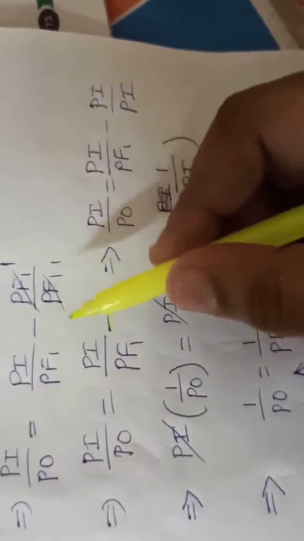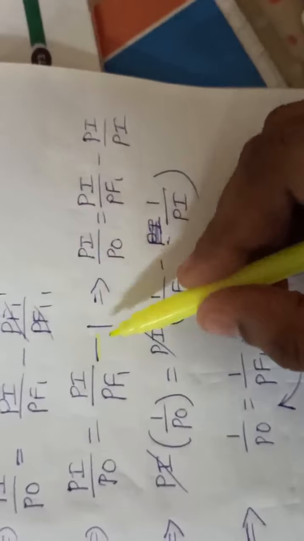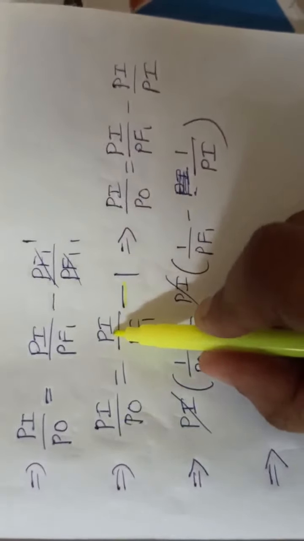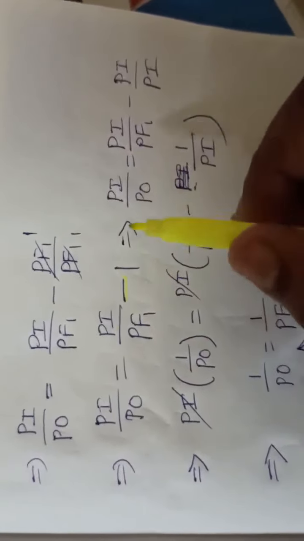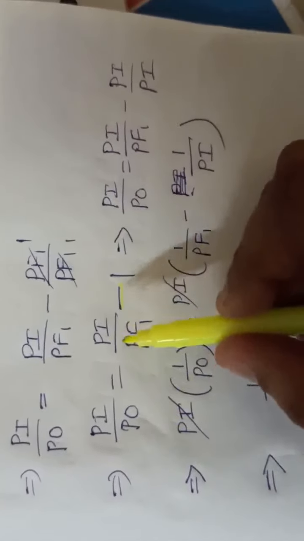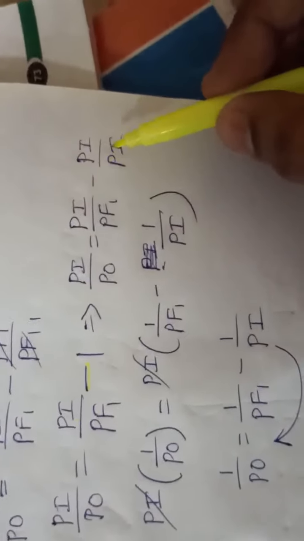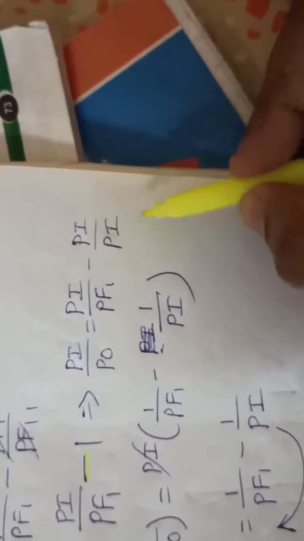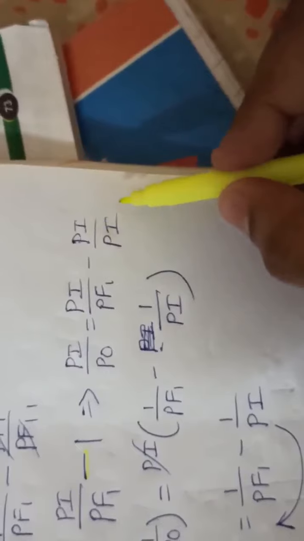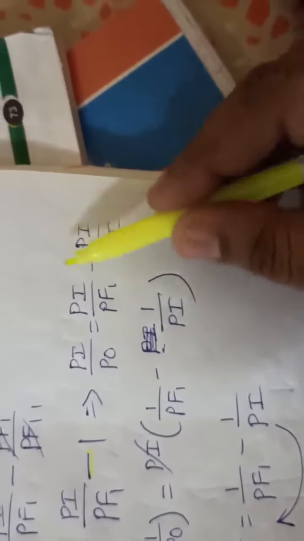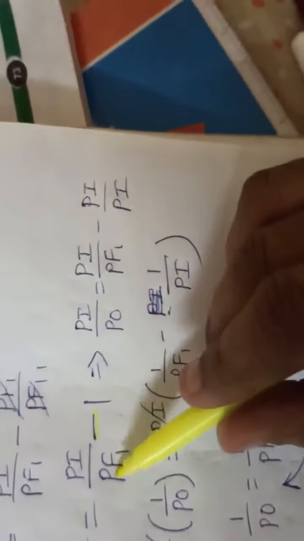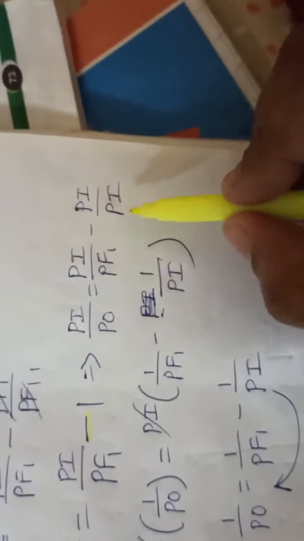Here we got 1. Here we have PI, children, and if we want to take PI common, I am writing PI by PI, which is also equal to 1 because the denominator and numerator are the same. In the place of 1, I am writing PI by PI.